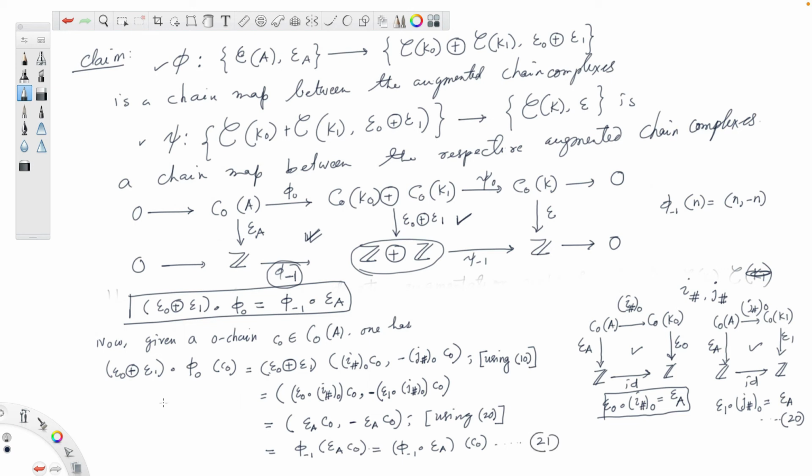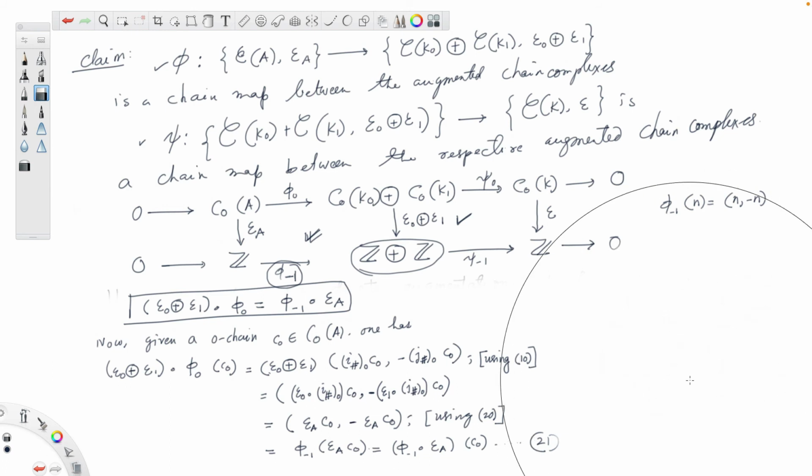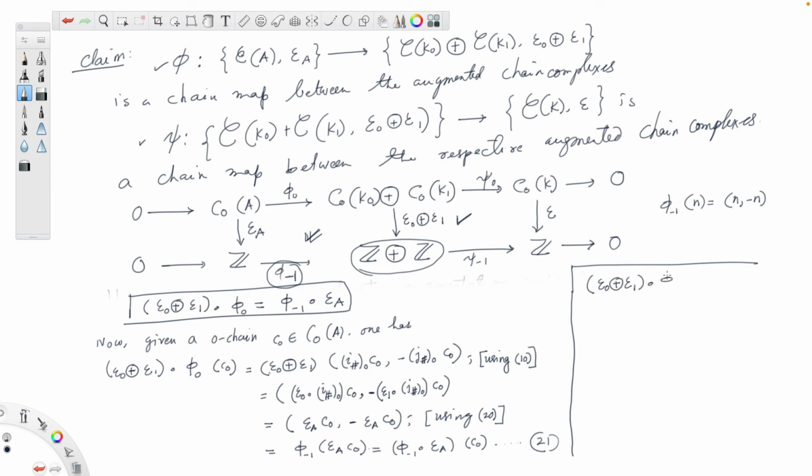So from 21 one concludes that epsilon 0 direct sum epsilon 1 composed with phi 0 is equal to phi minus 1 composed with epsilon a, right?